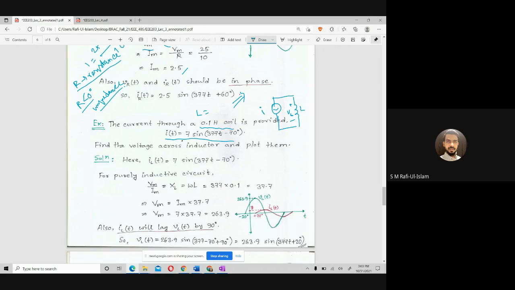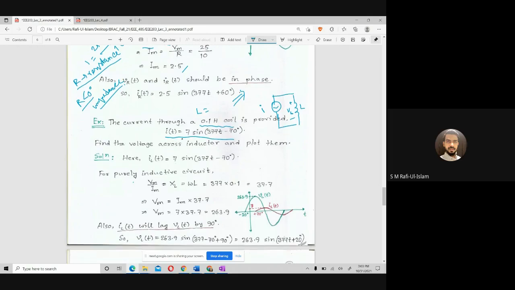If you draw the circuit, how do you solve? What is the relation for voltage and current in an inductor? We know V equals L di by dt, right? When we calculated the voltage current relation in an inductor, we were given the voltage expression, took the integration and calculated the current.